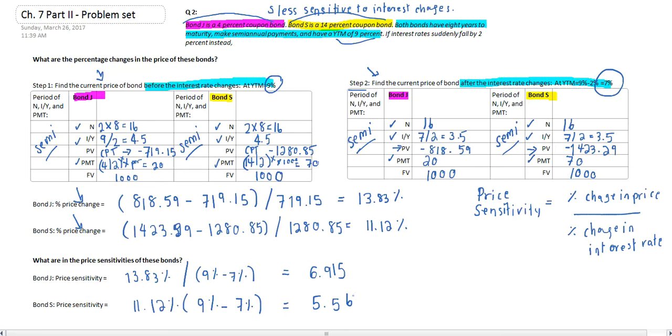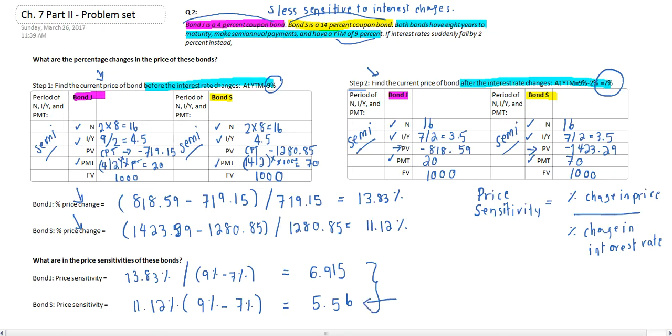So like I mentioned before, before doing anything, just briefly looking at the rate of the coupon paid by bond J and bond S, the bond that has the higher coupon tends to be more immune to the change in interest rate, or basically less sensitive to interest rate change, which is shown here.